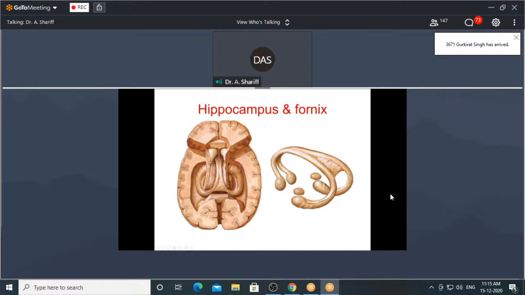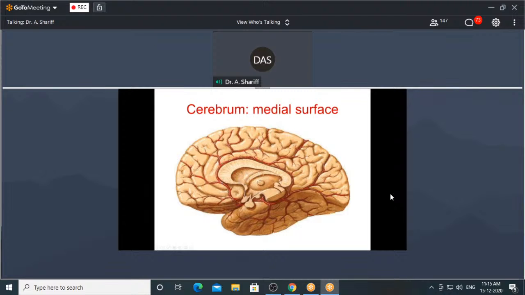This is actually the rim surrounding the communicating region, which develops there, and that is called the hippocampus, because it looks like a seahorse. These are all the bundles of fibers which are connecting. These are called the mammillary bodies, and this is called the hippocampus here. And in the previous slide you might have seen, this is a bundle, right?